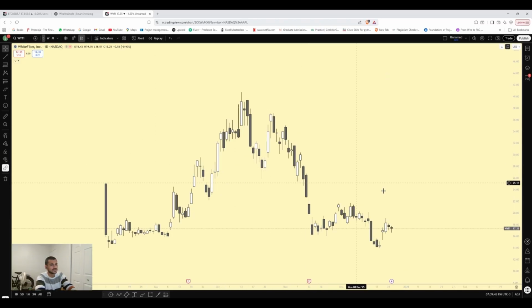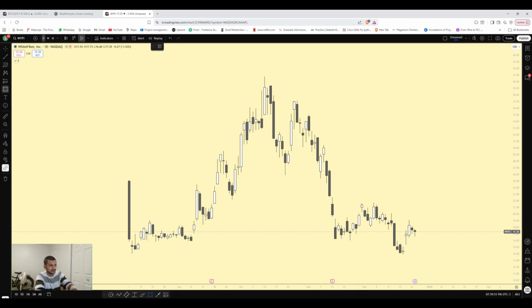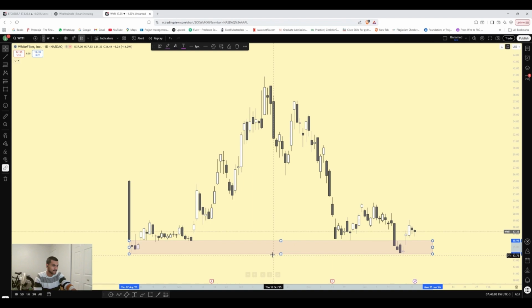So okay, I'm seeing this chart for the first time, and what I will do is just look at it. I will identify some zones where the price is bouncing from time to time. And right now I see that here, where the price bounces from becomes a support zone.